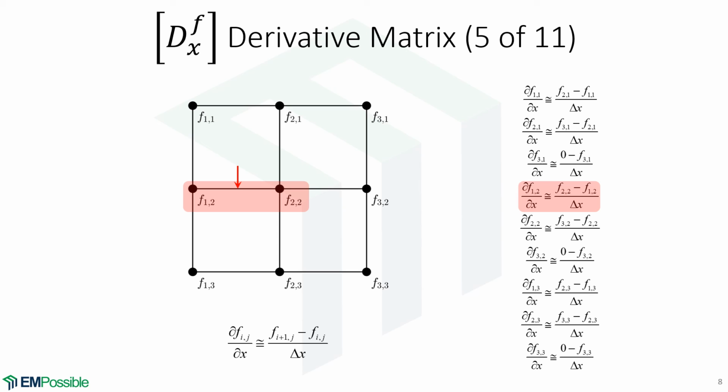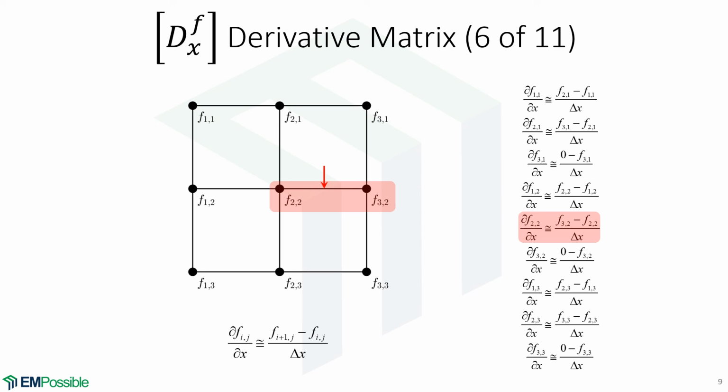We're in the next row. No boundary condition problems here. We're evaluating our first order derivative right at the midpoint between f12 and f22. So the finite difference approximation would be f22 minus f12 divided by the spacing between them, which is delta x. So it's f22 minus f12 divided by delta x.